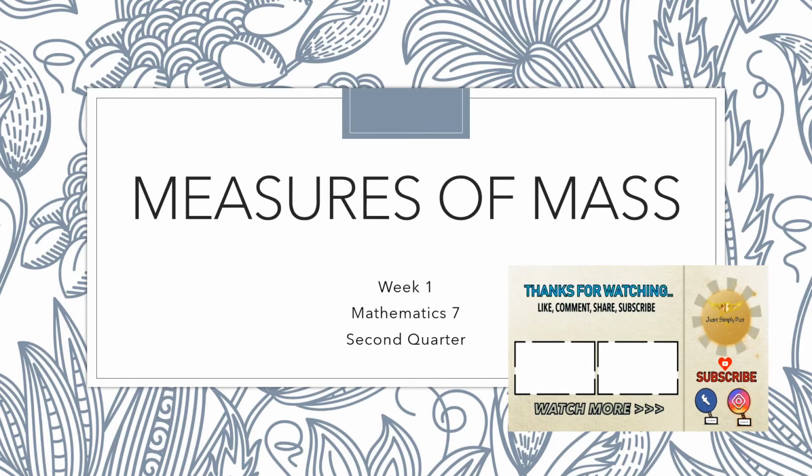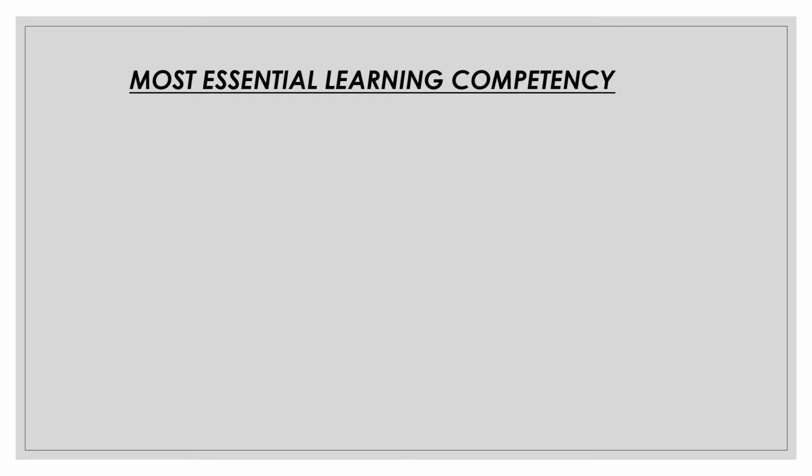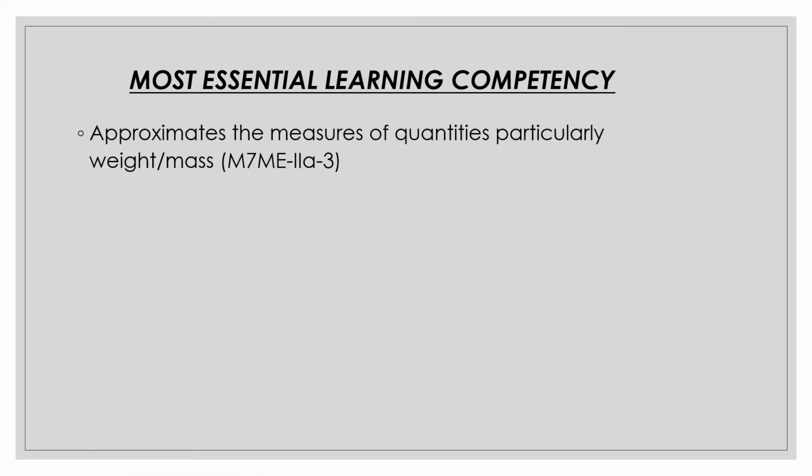Alright. Our lesson for today is the measures of mass. Week 1, Mathematics 7, second quarter. From the most essential learning competency, we have: approximates the measures of quantities, particularly weight or mass.